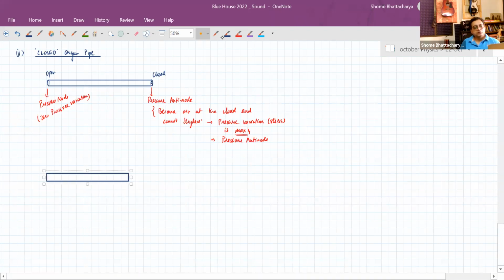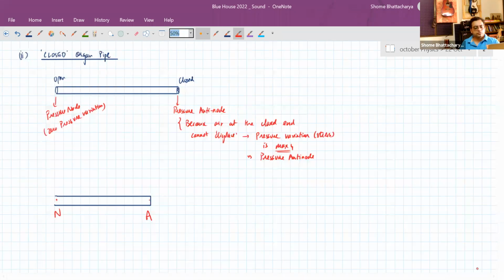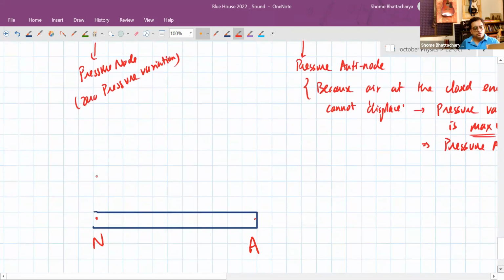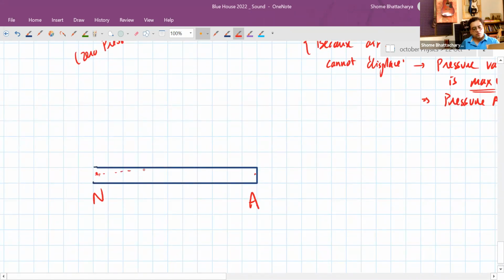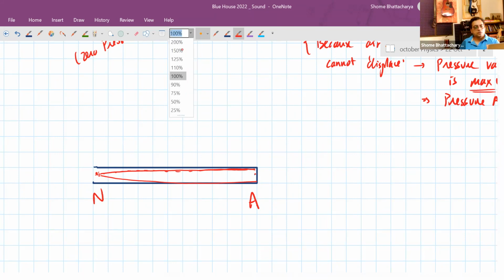Here again, the difference is that in the fundamental mode, the open end will be a pressure node, but the other closed end will be a pressure antinode. Something like this.